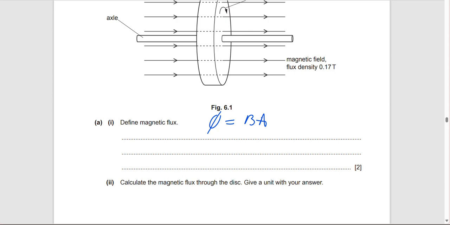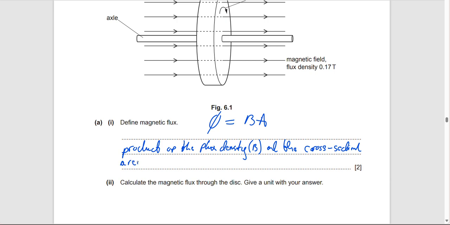So the magnetic flux is the product of the flux density, which is B, and the cross-sectional area placed perpendicular to the magnetic field.